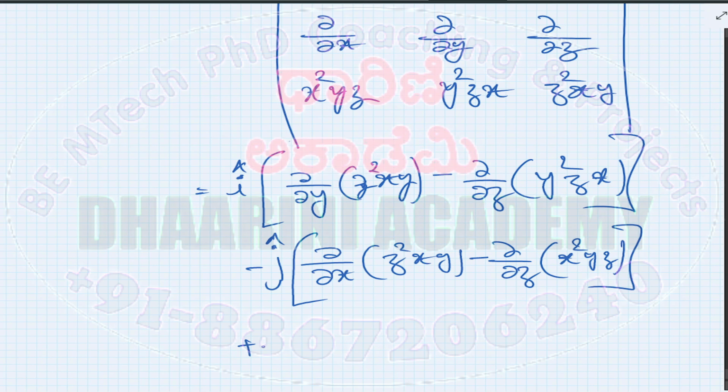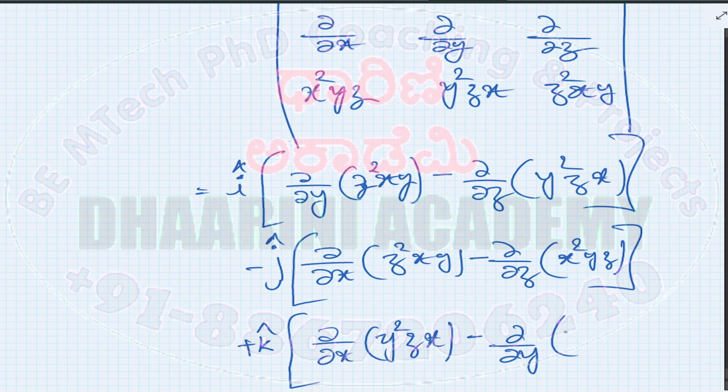So plus k cap into, so this and this. So simplifying them now, I'm going to get ∂/∂x of y²zx minus ∂/∂y of x²yz.